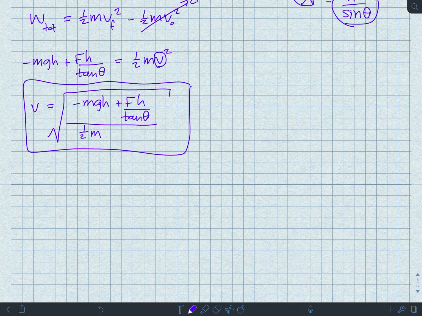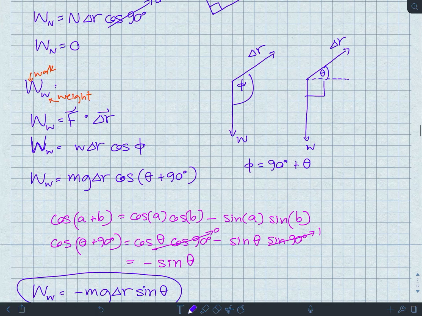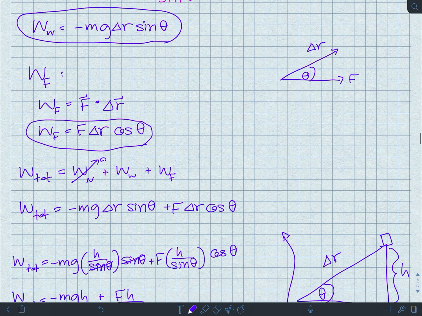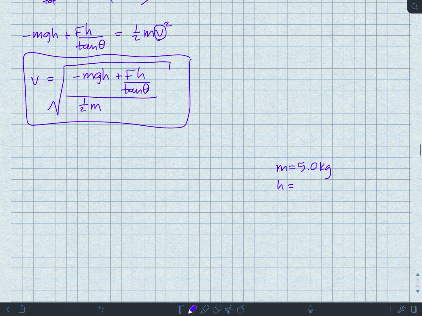M is equal to 5 kilograms. H is 2 meters. F is 25 newtons, and the angle is 20 degrees.